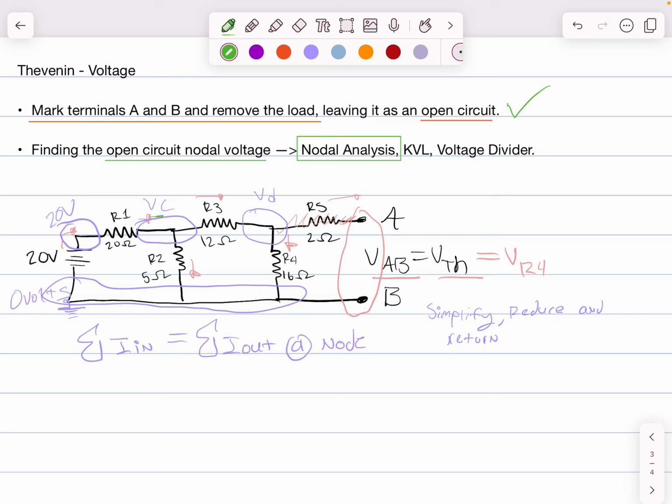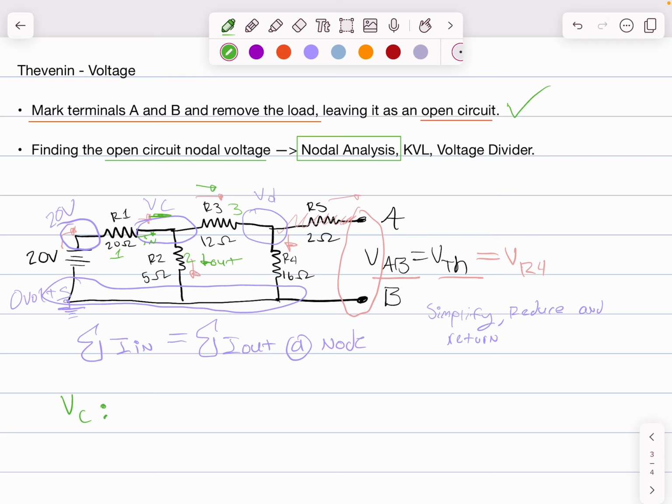So if I start at VC, I'm thinking about total currents in equals total currents out at a node. So at VC, I have 1, 2, 3 components. So I'm going to have 3 arrows and 3 currents in my equation. I have one going in, I'll have one going out, and I'll have another one going out across R3.